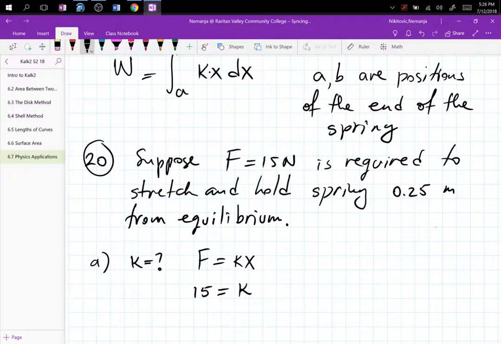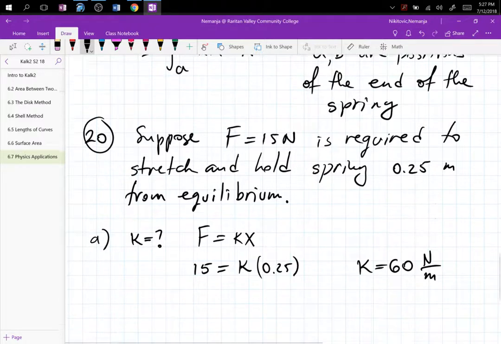K is what you're looking for, and x is 0.25. From here we'll see that K is equal to 60 newtons per meter. So we have a spring constant of 60 newtons per meter.